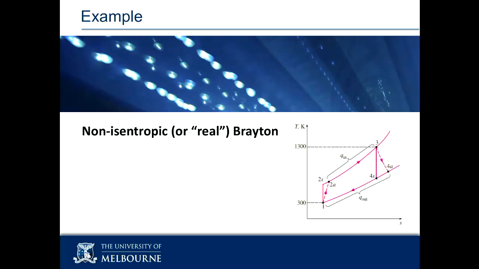When I've been introducing Cp delta T as a tool for enthalpy, it came with a caveat. It came with a please remember that by saying Cp delta T, I'm implying that Cp is a constant. And I did tell you that Cp changes with temperature. So if we're changing 100, 200 degrees, that approximation is okay.